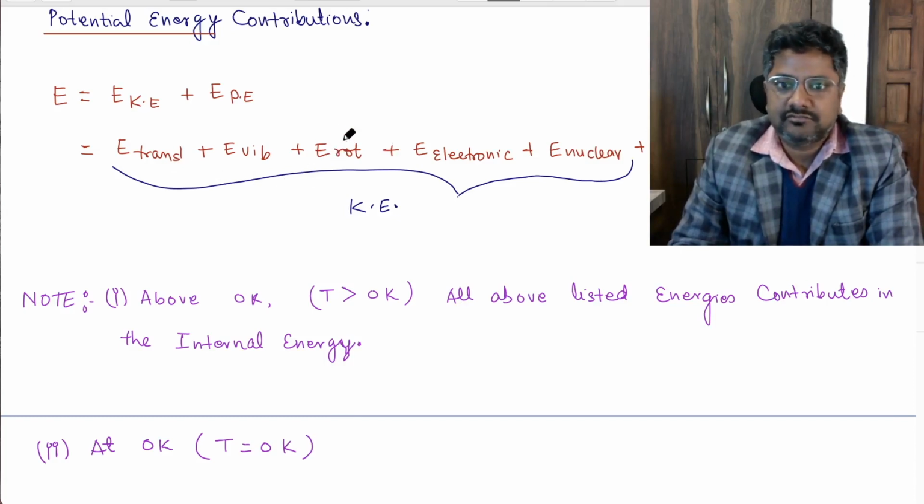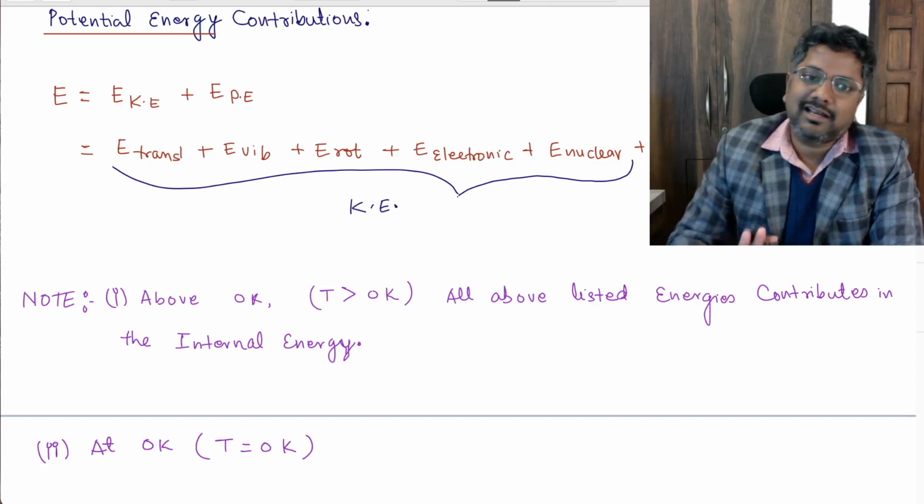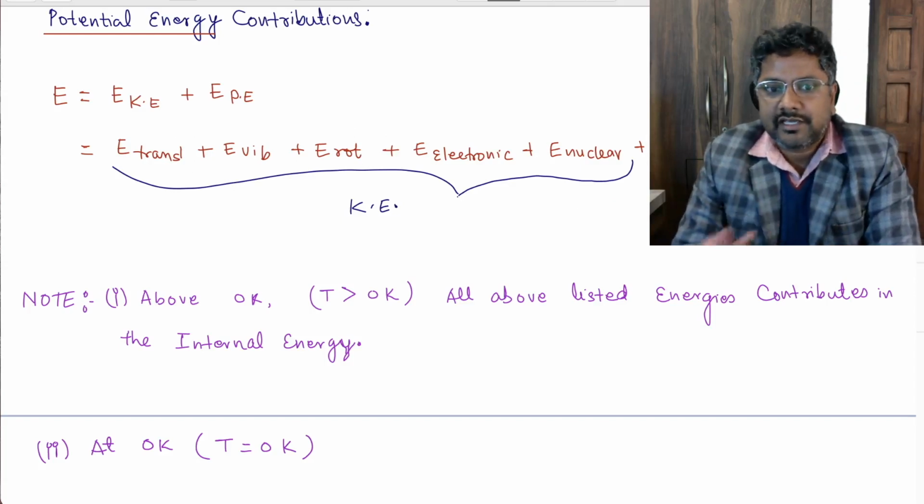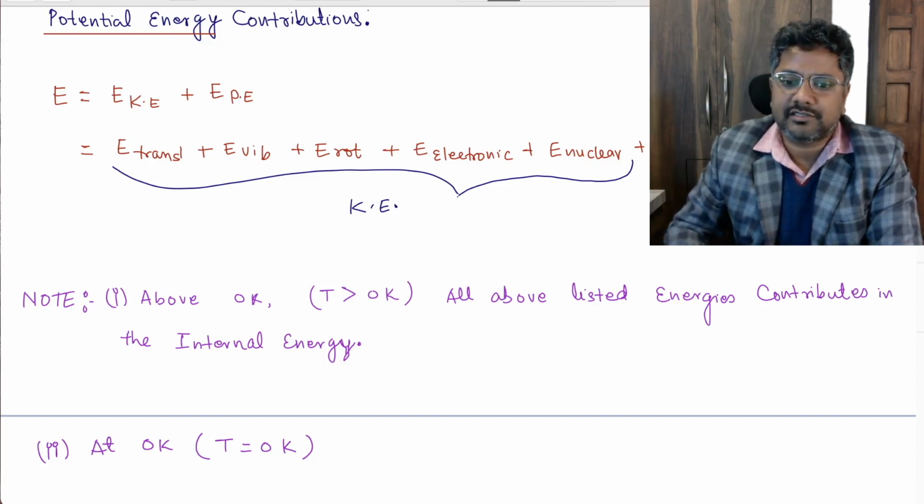Rotational motion stopped, translational motion is stopped, vibrational motion is there, electronic kinetic energy is there, nuclear kinetic energy is there, and potential energy obviously is there, right? So at 0 Kelvin, except translational and rotational, the rest of the energies contribute in the internal energy. So this is a very, very important concept.